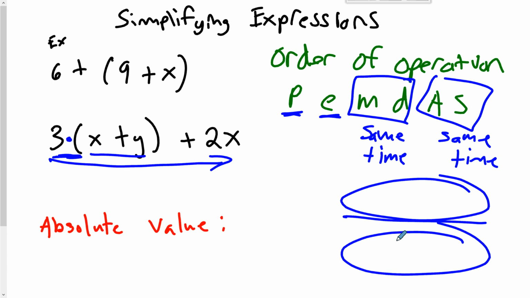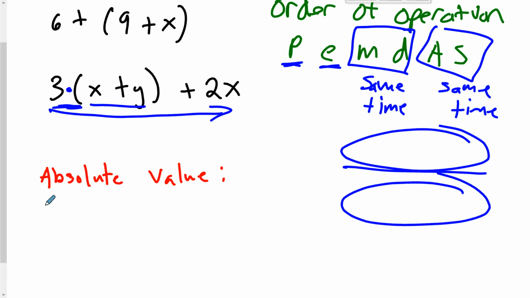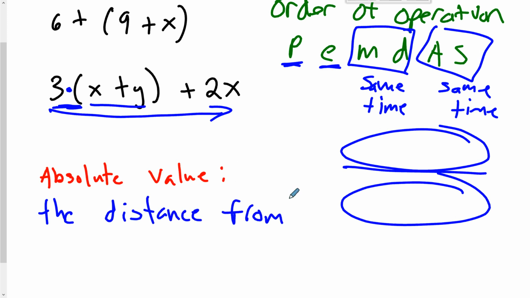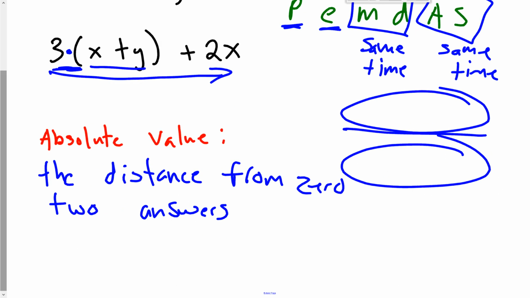And then we have absolute value, right? Absolute value is the distance from 0. But we always have 2 answers. And why do we have 2 answers? That is because when I'm on a number line, here's 0, right? Distance from 0.